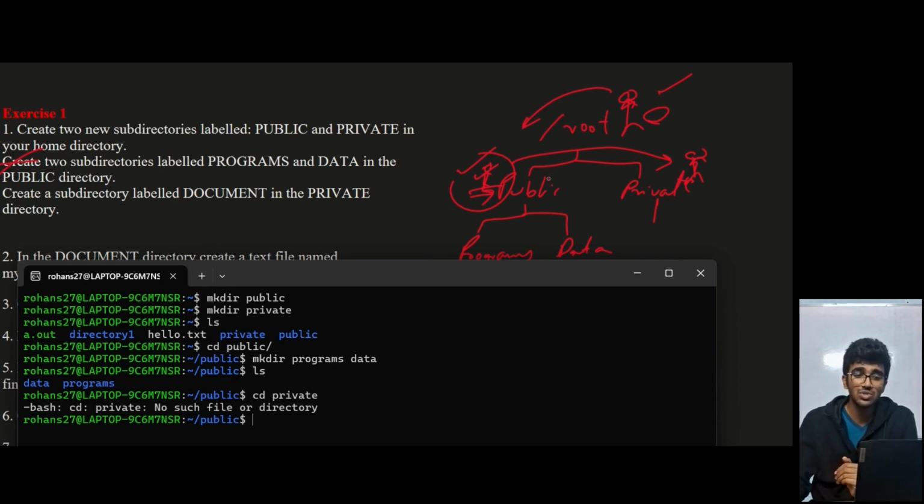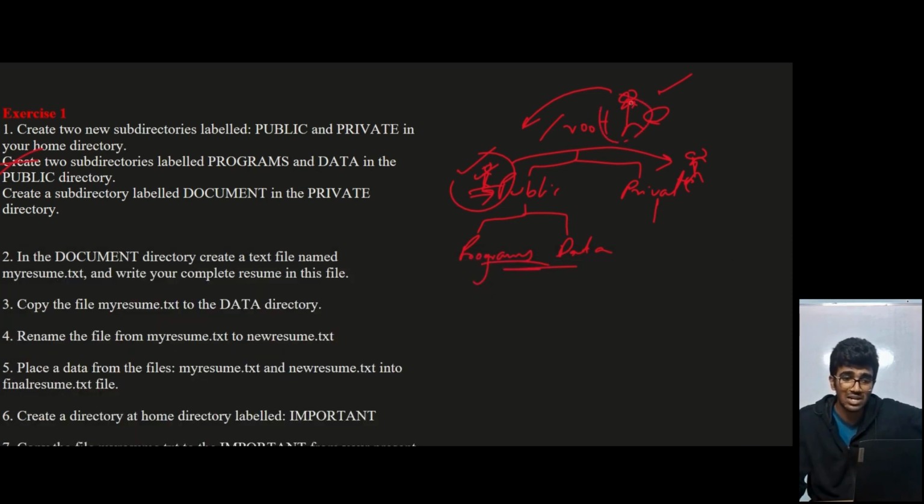Linux only allows you to go down the tree. If you were initially in the root and now came to public, when you are in public you can go to programs or data, but you cannot jump the tree.